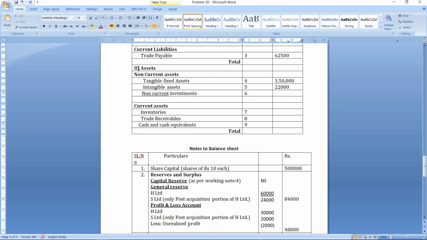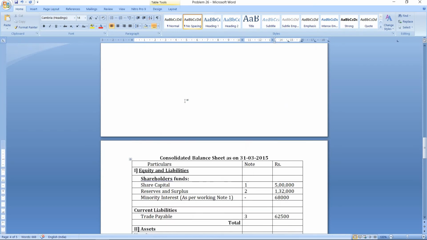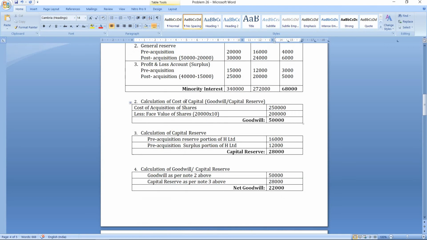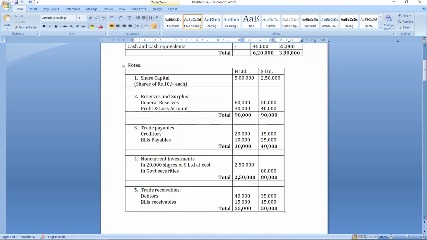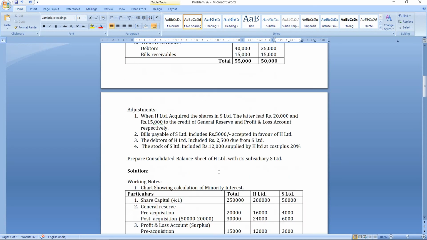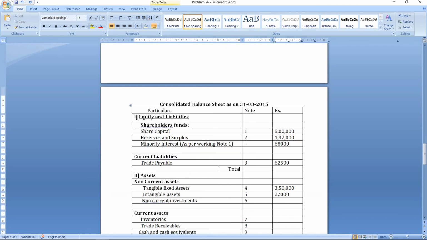Now next you have is non-current investment. Let us look at the investment given in the problem. Here you can see non-current investment in 20,000 shares. This will not be considered, but in government securities, the investment made by S Limited is to be considered. So let us take it in the balance sheet.